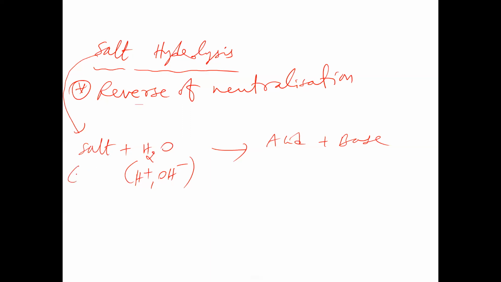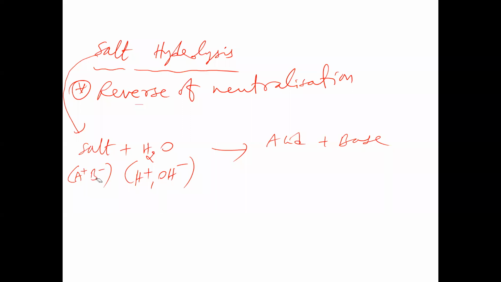In salt, the cation will be there, the anion will be there, right? Sometimes the cation will interact with the anion of water, sometimes the anion will interact with the cation of water. What is the cation of water? H plus. What is the anion in the salt? B minus.